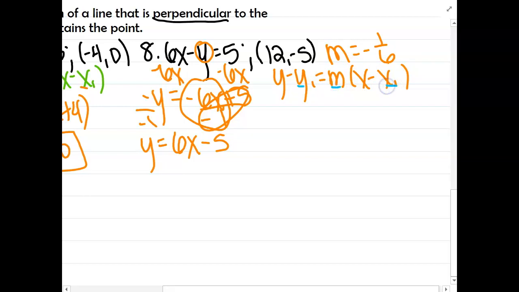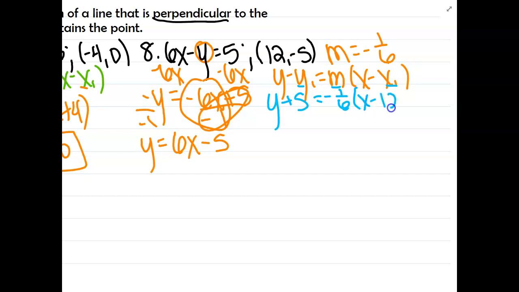We need a y1, m, and x1. We have now found all of those things. So we do y minus a negative 5. It's going to turn into a plus 5. We said the slope is going to be a negative 1/6. And then x minus x1 will be an x minus 12.